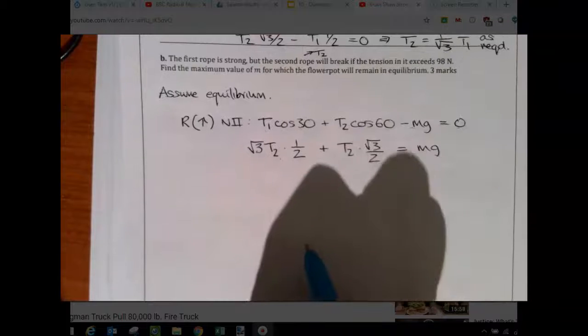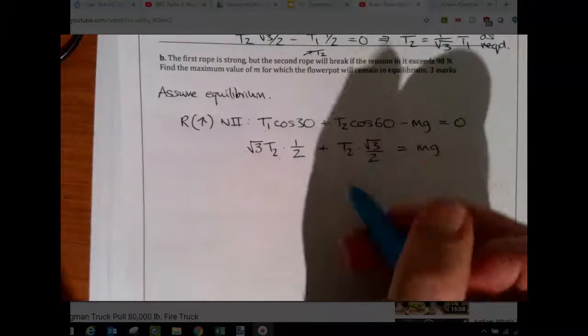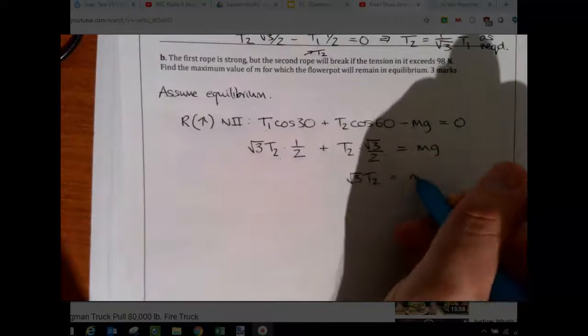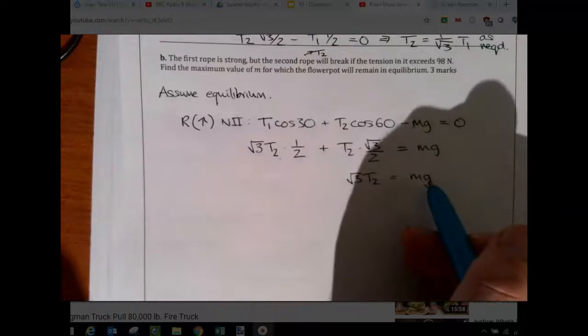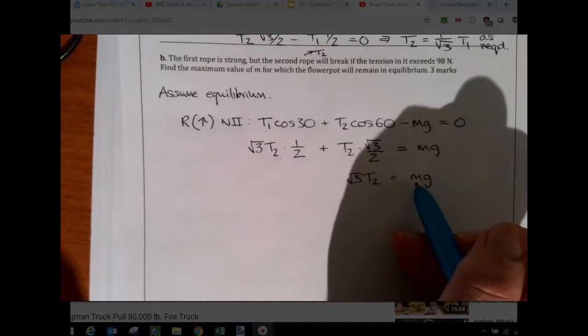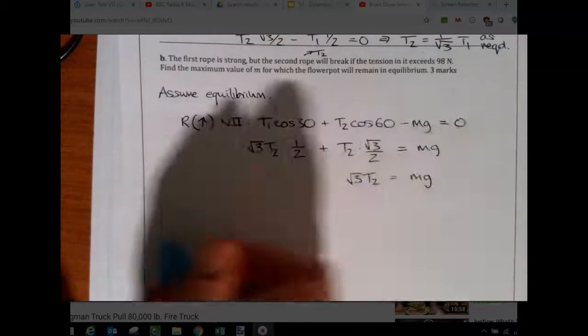Adding the mg to the other side. So what have I got here? Root 3 over 2 plus root 3 over 2 would be root 3. So root 3 T2 equals mg. And then it's saying that the maximum value of the mass, so that the tension can't be over 98.